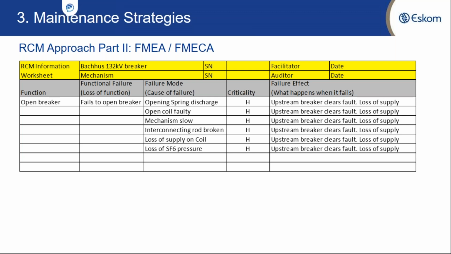Then there are various failure modes that can be identified for a breaker. To take an example, one of those failure modes can be that the mechanism is slow on the breaker. So the criticality is high, and the failure effect is that the upstream breaker clears the fault, and there could be a loss of supply as well. So we can see that the RCM is a structured approach.